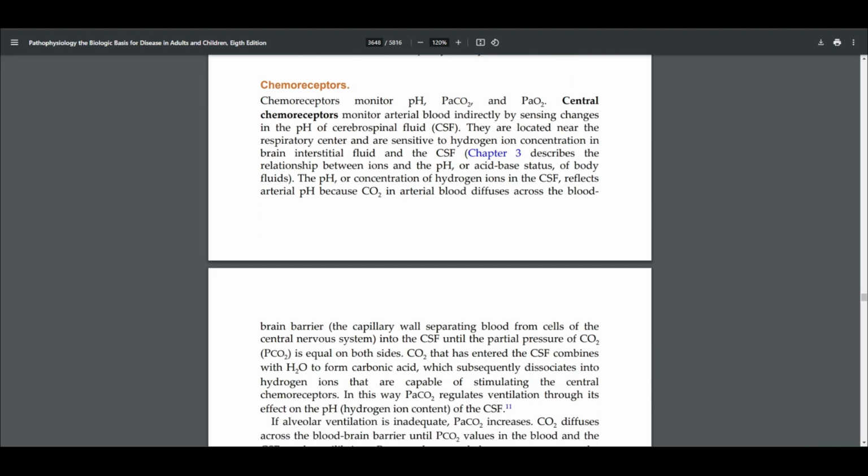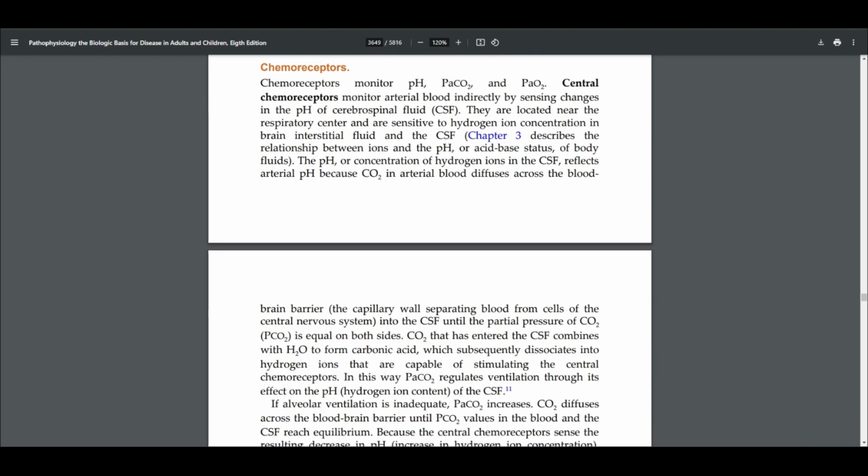Your chemoreceptors. Chemoreceptors monitor your pH, your PaCO2, and your PaO2. Central chemoreceptors monitor arterial blood indirectly by sensing changes in the pH of cerebrospinal fluid, your CSF. They are located near the respiratory center and are sensitive to hydrogen ion concentration in brain interstitial fluid and CSF.